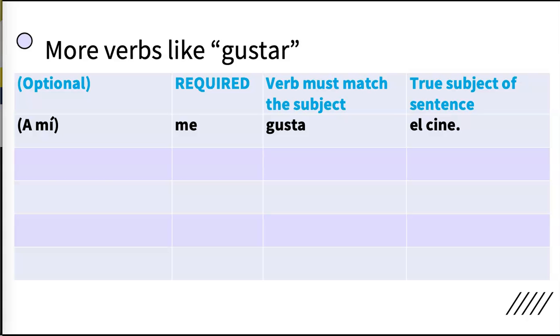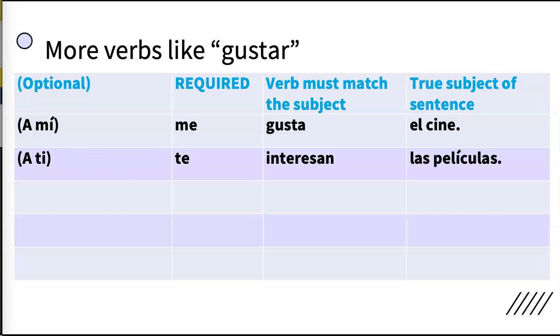Let's look at more verbs like gustar. And in this chart, we have the optional double indirect object pronoun, the required object pronoun, our verb, and then the true subject. So the first one is very easy. A mí me gusta el cine. I really like movies.